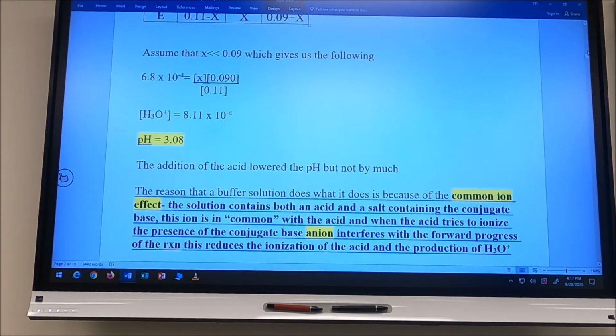The common ion interferes with the forward progress of the reaction. You've already got some product in there, why make more of it? And so that means that you keep a substantial amount of weak acid and conjugate weak base in solution, and it controls how much hydronium ion is produced.